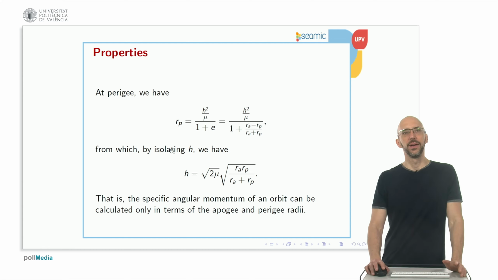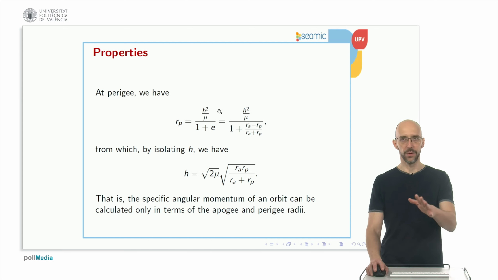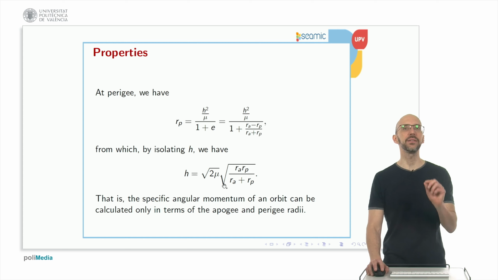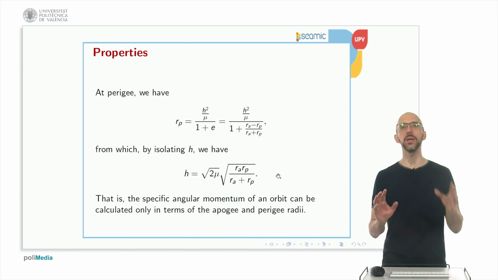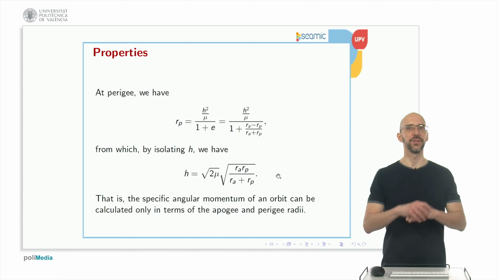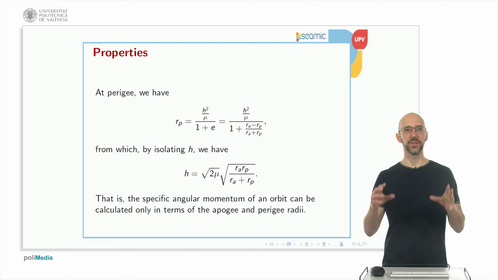So, the idea is, using the conic formula for the ellipse, don't worry about the middle steps, you can find an expression for the specific angular momentum only in terms of the things we know from the orbit. And this is another key point of these slides: do you know how to calculate the specific angular momentum of an orbit?